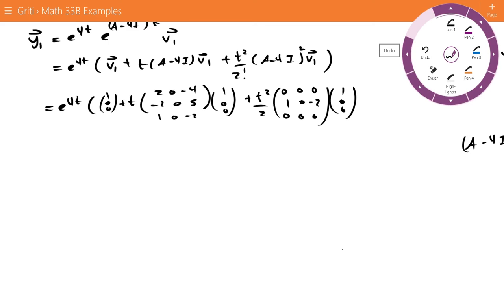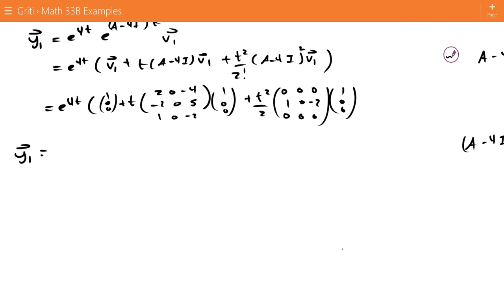And this will give us a y1, and once you simplify everything, of e to the 4t times 1 plus 2t, negative 2t plus t squared over 2, and t.